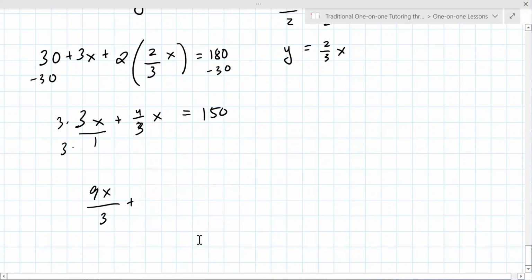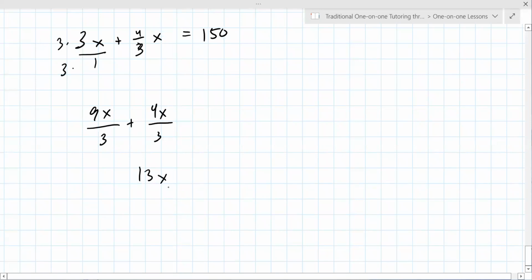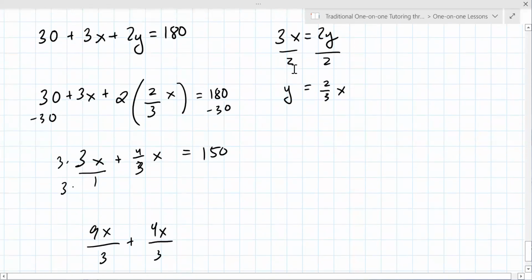Hmm, something about this just doesn't look right. Okay, so that's 13x over 3 equals 150. And this really, oh, it's 3/2 x. I'm sorry. That's why this was not working out very well. Sorry, my screen is not letting me grab that.